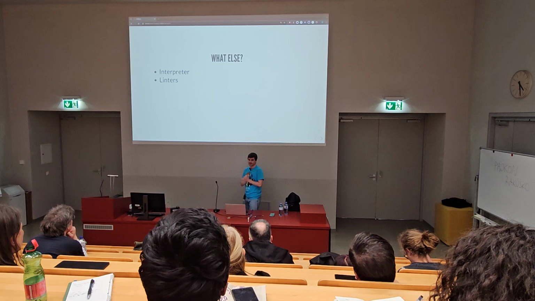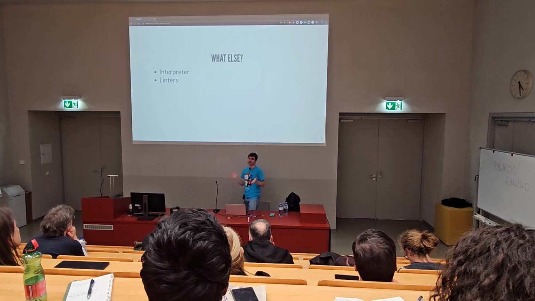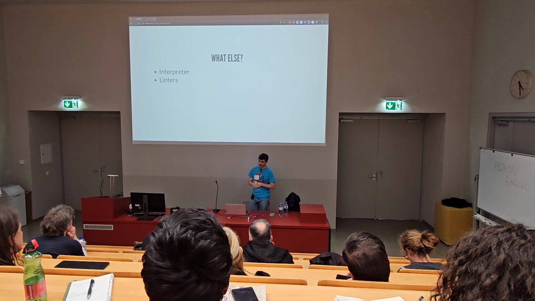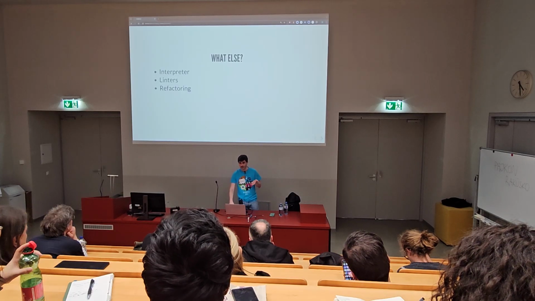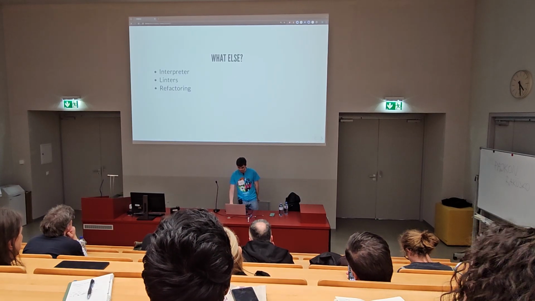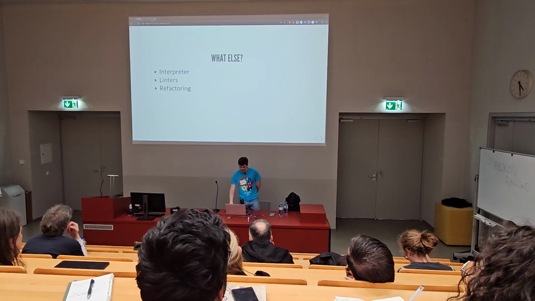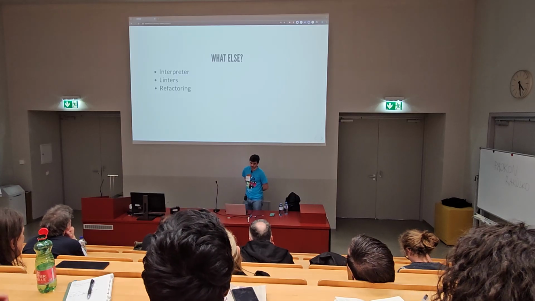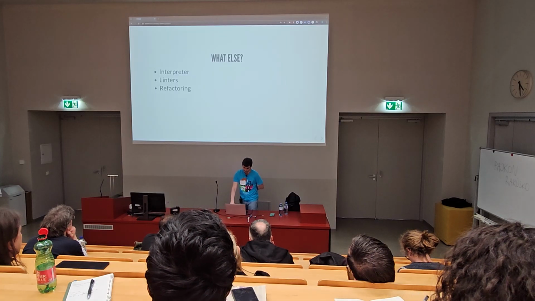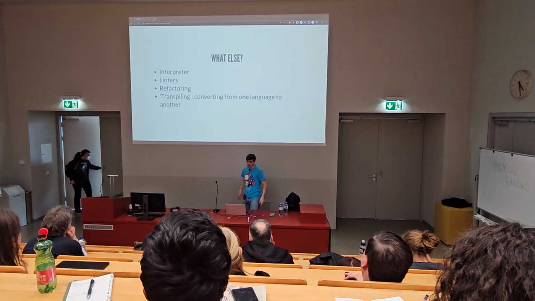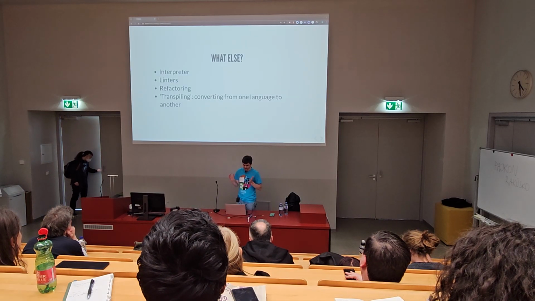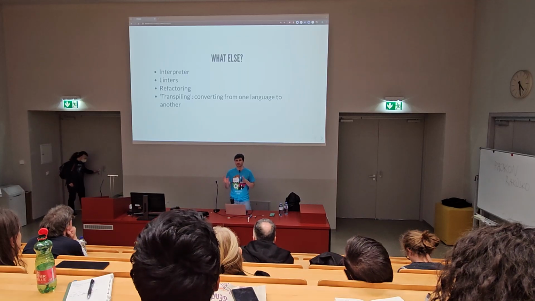The AST is also used in linters, like ESLint in JavaScript or Flake8 in Python, for example. In formatters too, like Black, which is super popular. It can also be used for refactoring, and we'll talk a bit more about that later. It can be used for transpiling, so there's Babel in JavaScript to convert new syntax to older syntax.